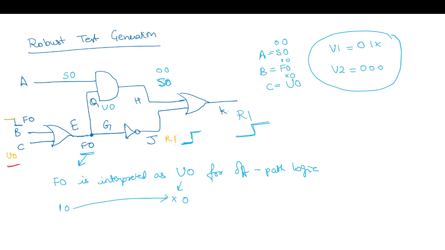So if we have non-robust, it could have changed to U0, so it's already U0. And the other one is needed so that it can be propagated. So I don't think there will be any changes for this particular example, because this S0 is needed to propagate this transition, whatever the method is. And here it is already U0. If it was S0, then maybe non-robust could have changed to U0.